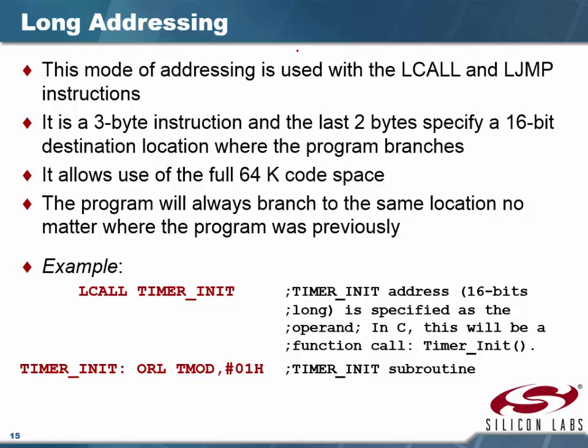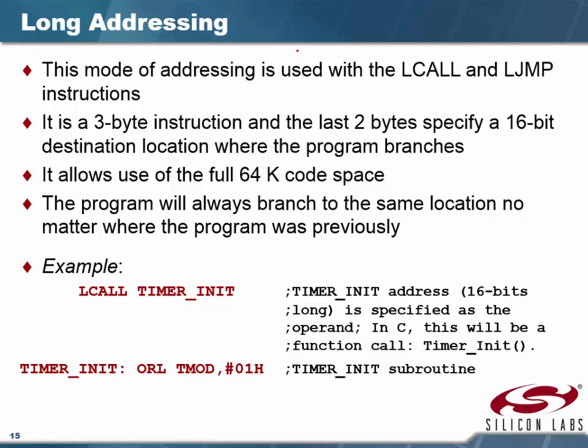These are 16-bit addresses we're dealing with. The short only deals with 8 bits, that's minus 128 to plus 127. That's an 8-bit instruction. The absolute gives you 11 bits to play with, 3 more bits. The long allows you to use all 16 bits.